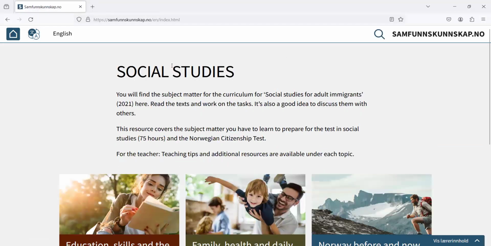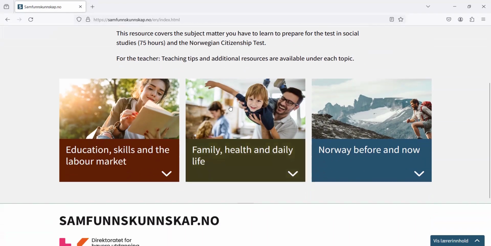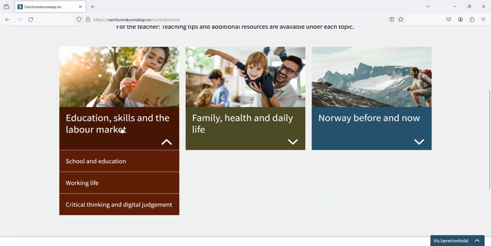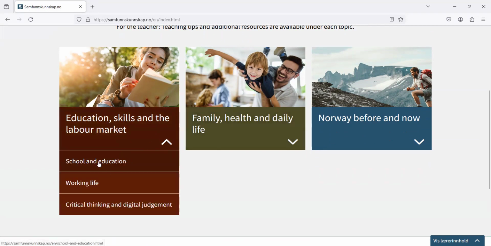I already chose English. So here you can find information about exam preparation. They are divided into three parts: education, skills, and labor market. And further, there are three subcategories.